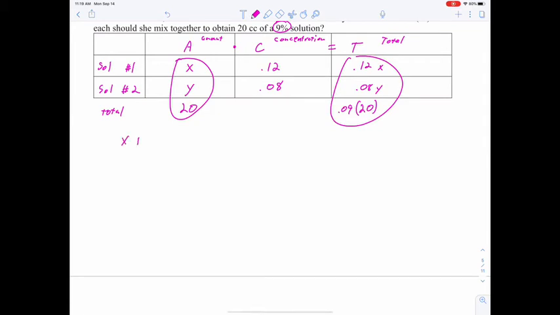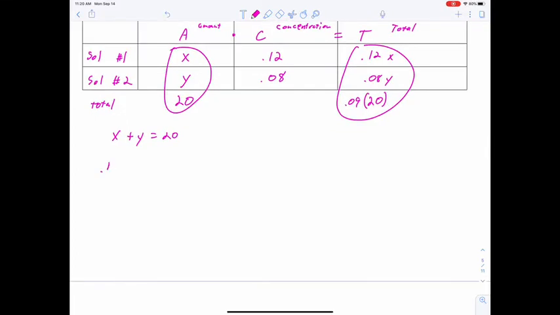Okay, so again, we're going to add down, make two equations, go through the process, right? So we'll have x plus y equals 20. Second one, 0.12x plus 0.08y equals, and now 0.09 times 20 is 1.8.